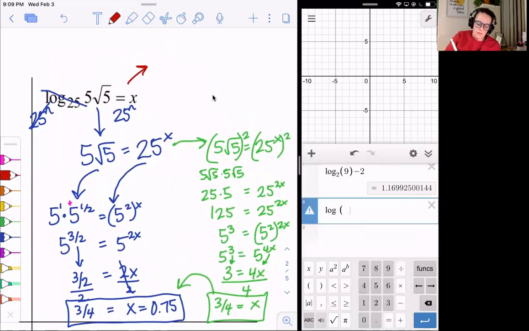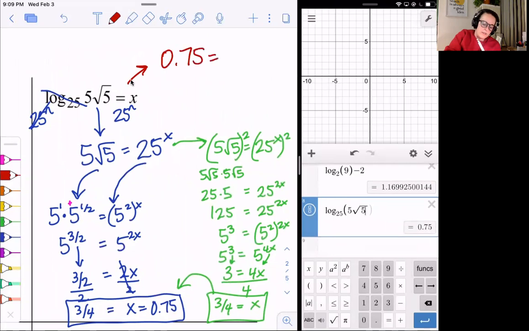So log base 25 of 5 root 5 gives 0.75 right away. So I could have had 0.75 equals x. Whew, that would have been much easier. So be careful when the log already has a number here and a number here. If you have two numbers, you can calculate it in your calculator. So there are three separate ways we could have done this problem.